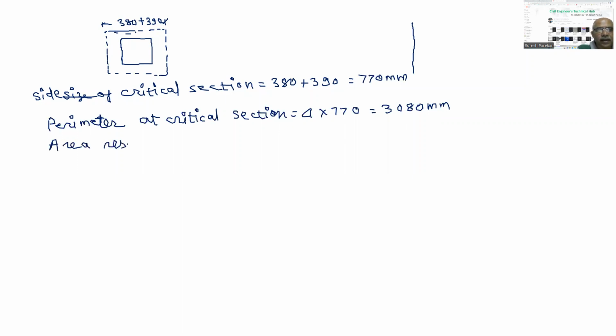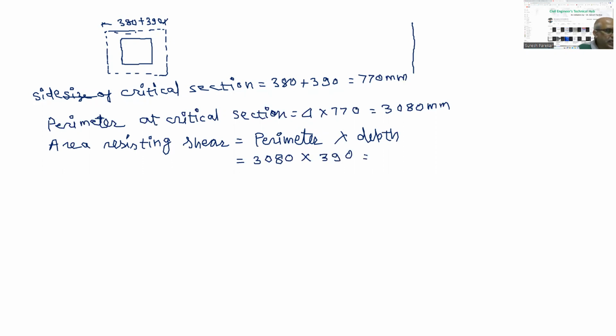So area resisting shear, and that is perimeter into depth. Now again we have uniform depth, so perimeter into depth. And perimeter we have 3080, depth is 390, and we will get this area 120 millimeters square.